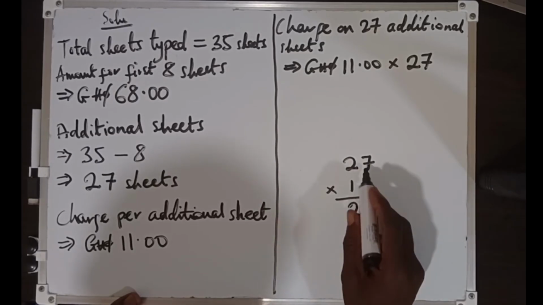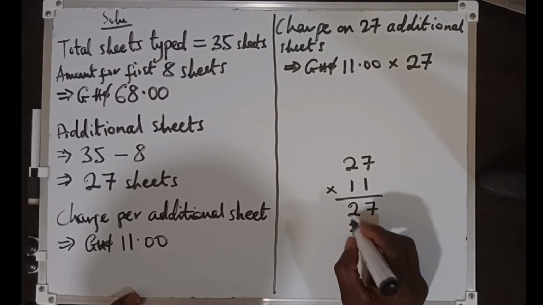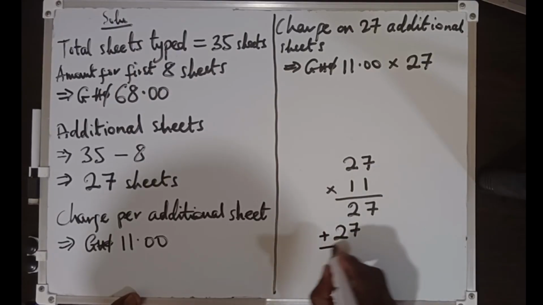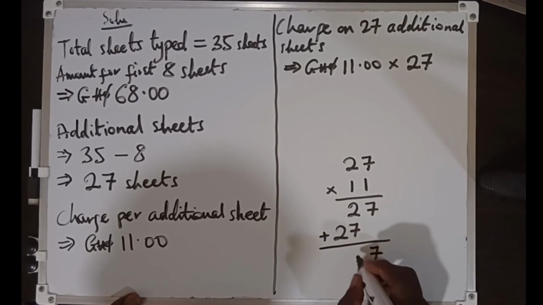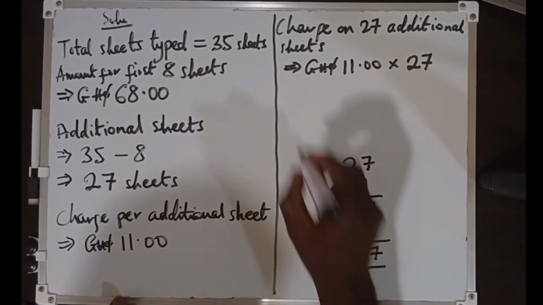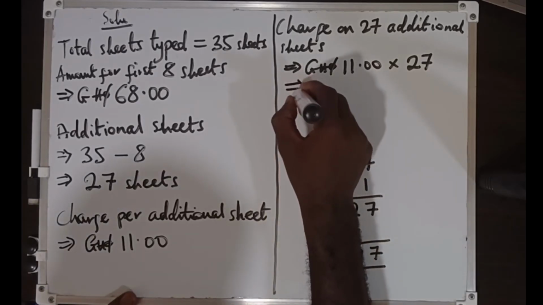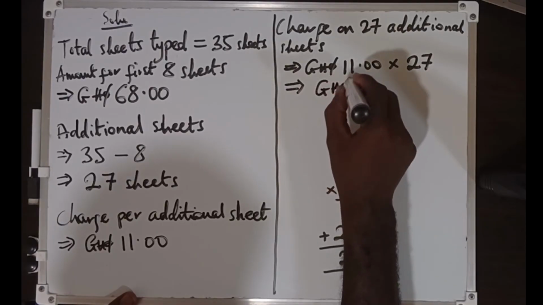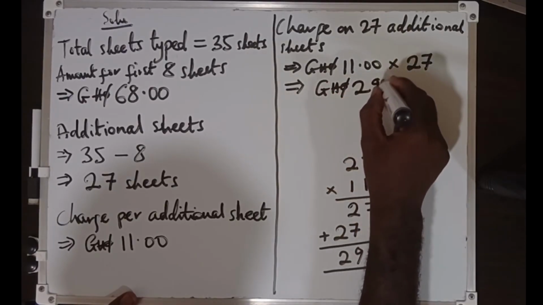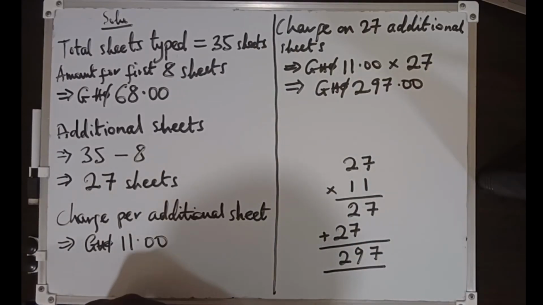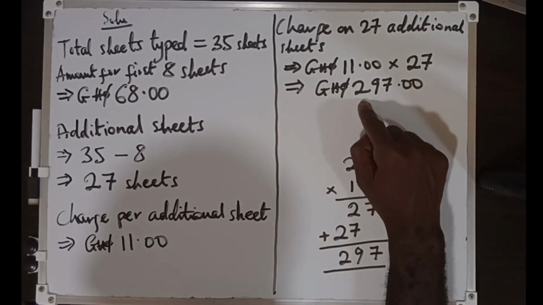Then we move here, 1 times 7 is 7, 1 times 2 is 2. Then we do our addition here. We have 7, 9, 2. So it means the charge on the additional sheets is going to be 297 Ghana cedis. So this is the charge on the additional sheets.